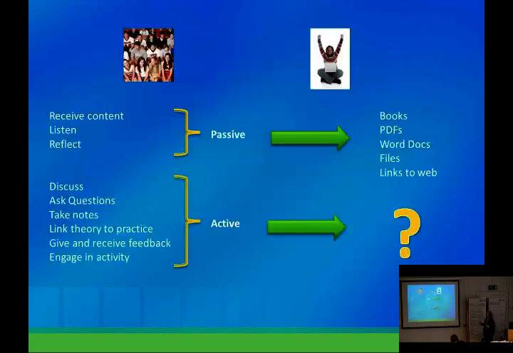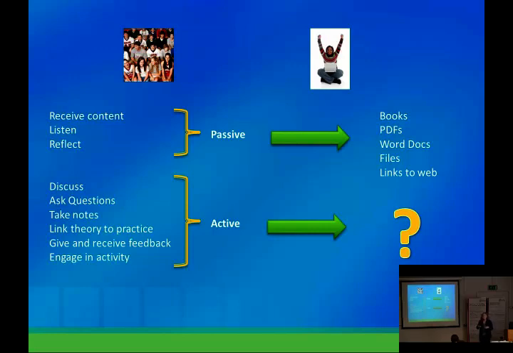If we look briefly at what happens in the classroom, now this is a very simplified view, we tend to have an element of passive and active. So the students will receive content, whether by PowerPoint, listening to the lecturer, they might be sitting there reflecting. Often though, there's an active element as well.